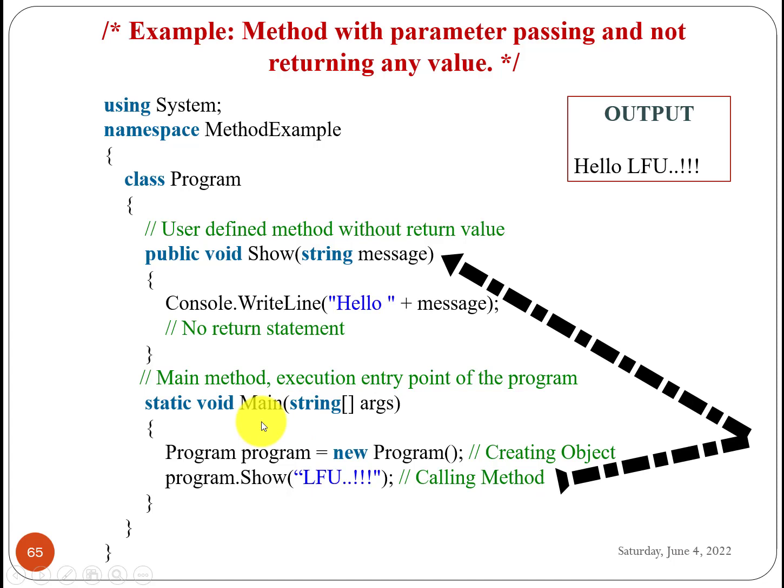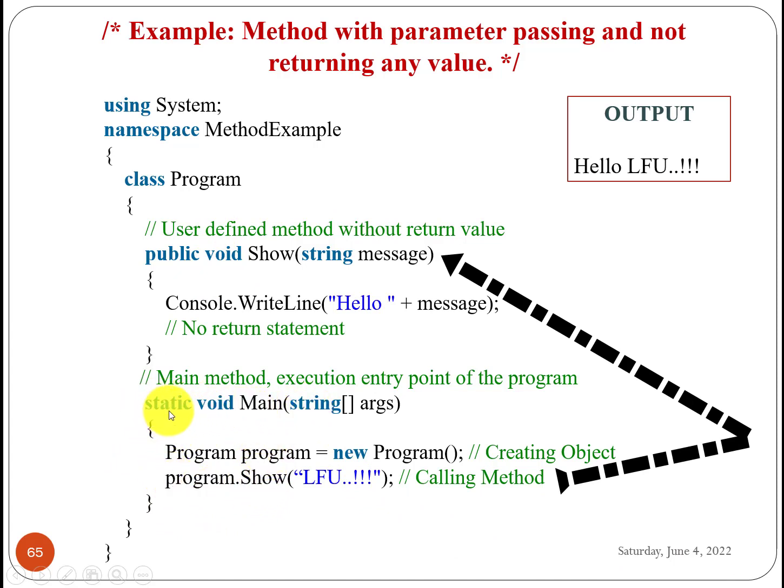When it finds the main, the program control starts to execute the main statements, the main program block, and whatever requirements we need inside the main will be executed accordingly. So our start is always from the main.